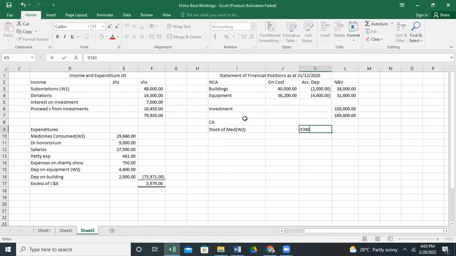Then from there, now this is where we put the accruals and the prepayment, right? A prepayment is a current asset. An accrued income is also a current asset. So I have the dues, right?